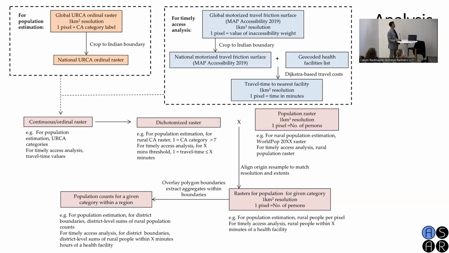Once we have those two components, what we essentially do is a multiplication between these geographic rasters. And we are trying to create estimates for a specific disaggregated admin boundary, how many people live within it, and whether they are within a given threshold of time to their nearest facility or not.